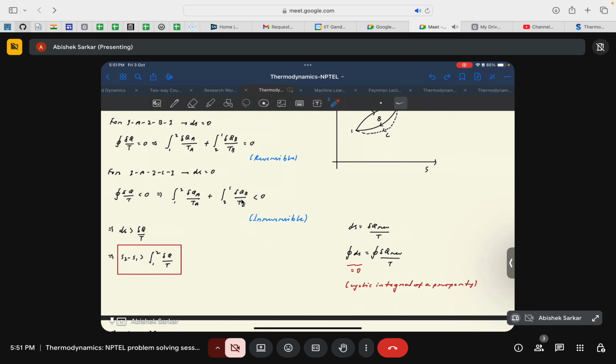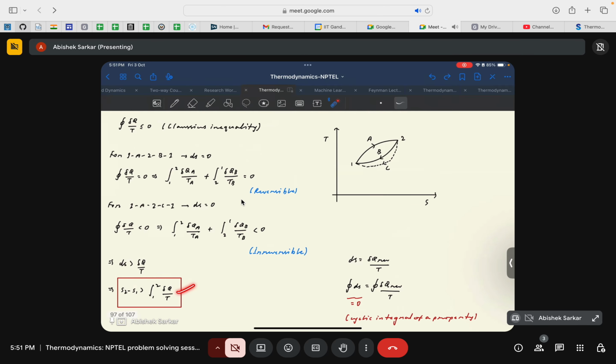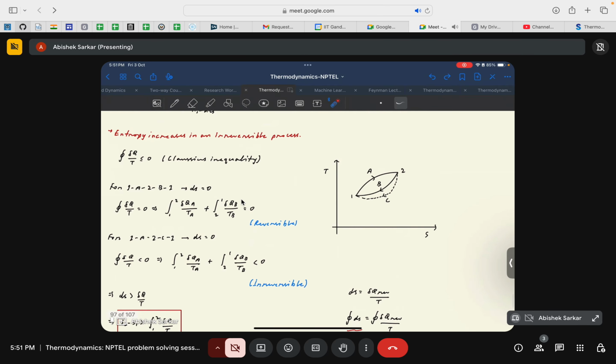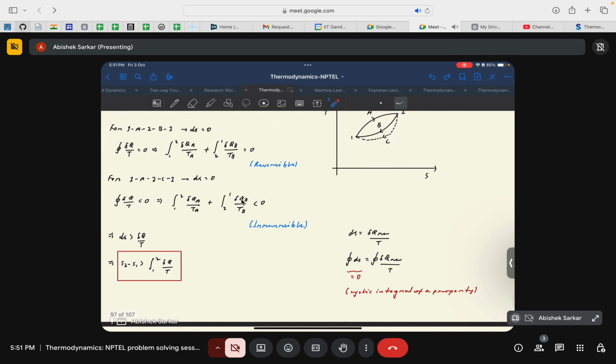Don't confuse this one with the Clausius inequality. The Clausius inequality is defined for a cyclic integral, but this definition of the change in entropy for a general process is not a cyclic integral. It's a general integral from point 1 to point 2, where we say that the change in entropy S2 minus S1 is greater than the integral of del Q by T from point 1 to 2.